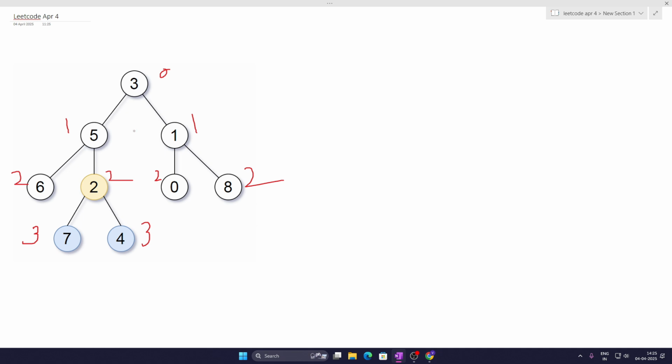How are we able to solve this question? See, if we get the depth of each and every node, it is quite easier to solve the question, right? So how to get the depth? We will write a function so that it will return the maximum depth in that tree. So here the maximum depth is 3.